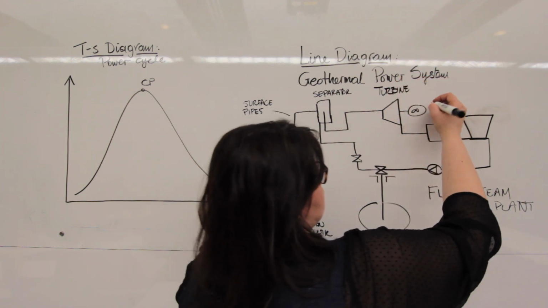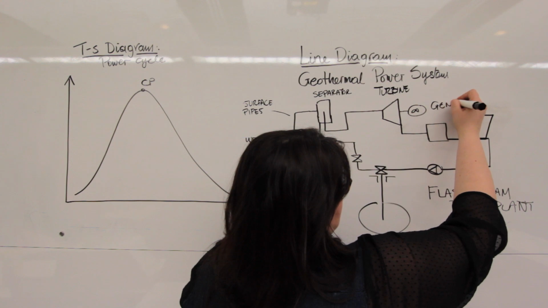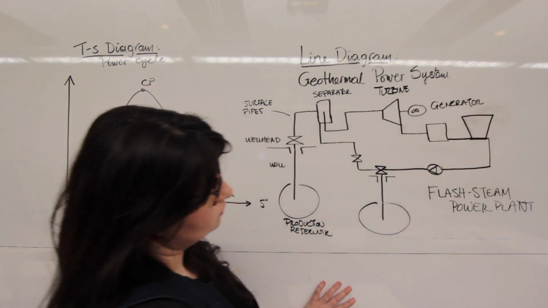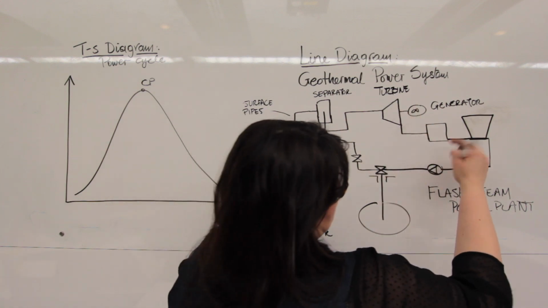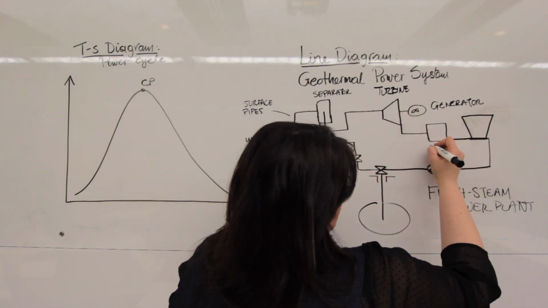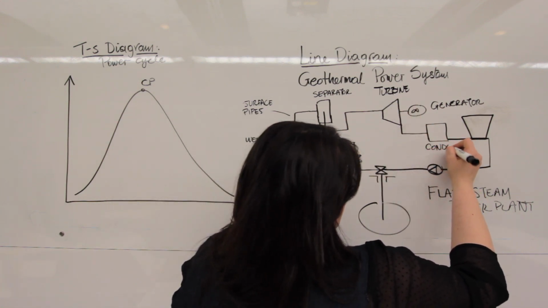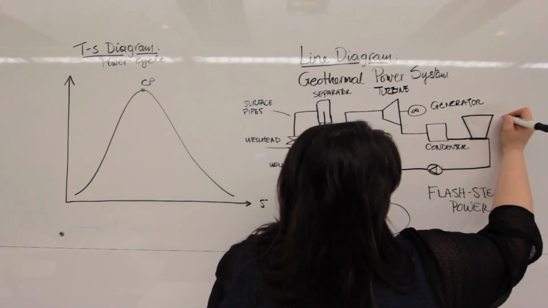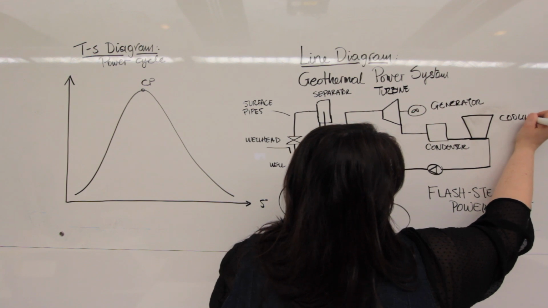The turbine is connected to a generator. Following along, this is a condenser. That's connected to a cooling tower.